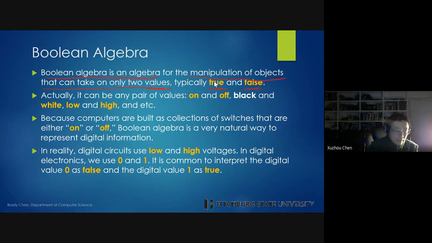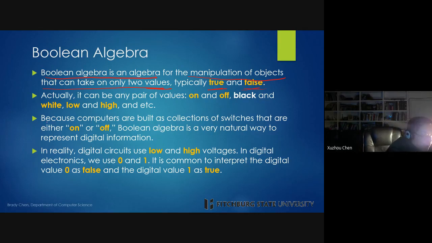Is it true or false, on or off? You can build the equivalence. True is on, false is off, or low is false, high is true, whatever. So you can build that connection, and then you can put the operation on various different things.